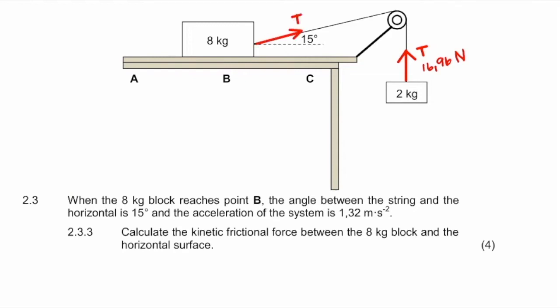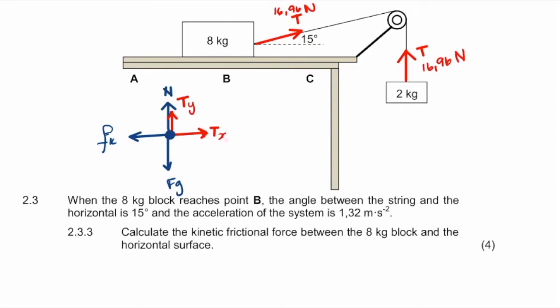And the tension on that side is also going to be 16,96 Newton. Now we have to calculate the kinetic frictional force between the 8 kilogram block and the horizontal surface. So when we look at that free body diagram again, that's going to show us all the forces working on this object.